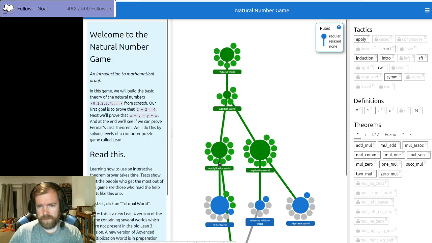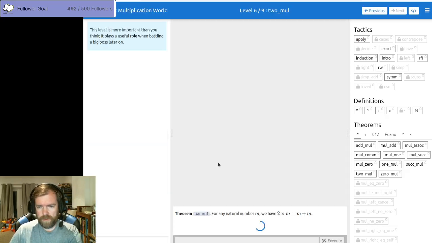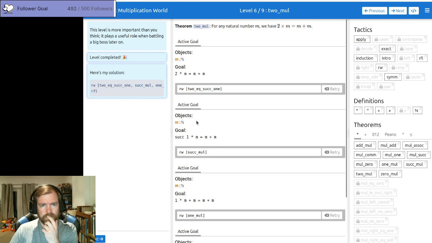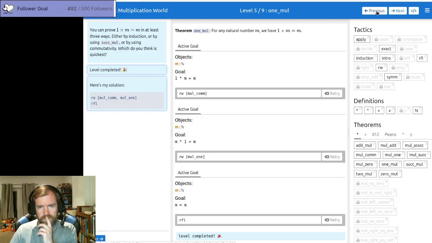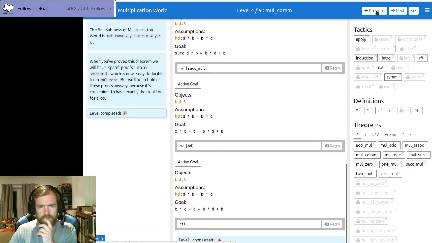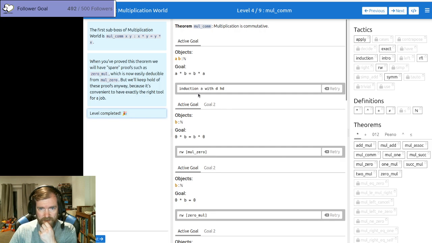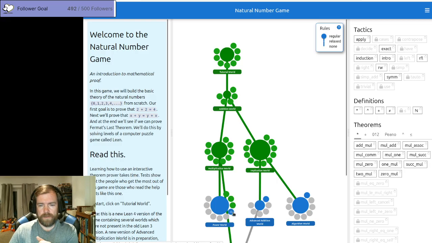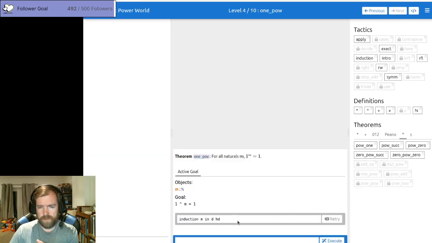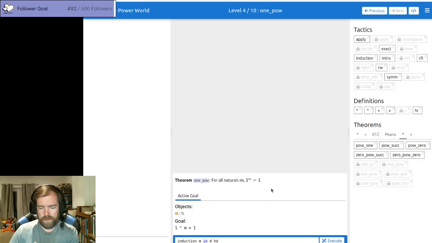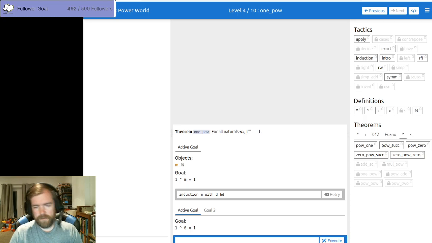Hang on. Multiplication. Induction with. All right, rewrite power of 0.